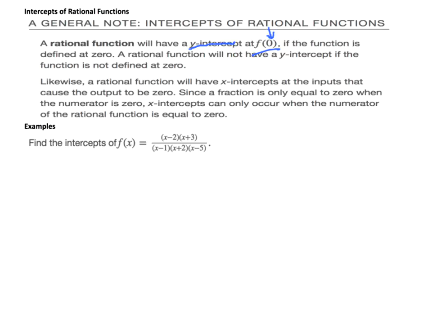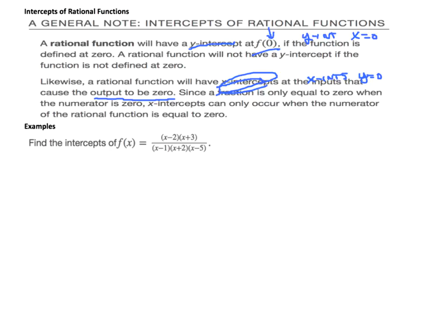Likewise, a rational function will have x-intercepts at inputs that cause the output to be 0. In other words, you're going to have a y-intercept when x is 0 and x-intercepts when y is 0, or f of x is 0. And don't forget, this is as long as it's defined at those values.